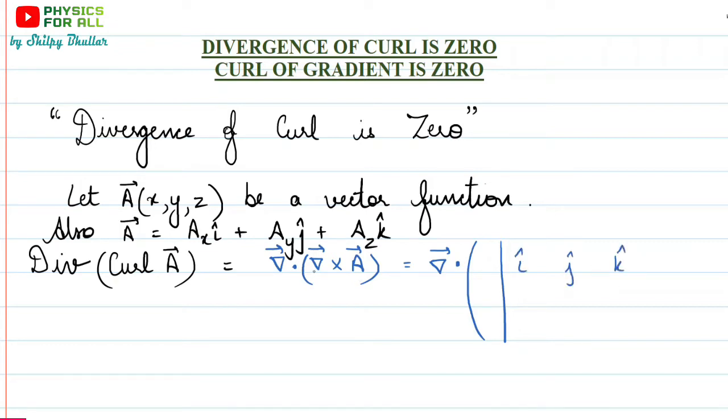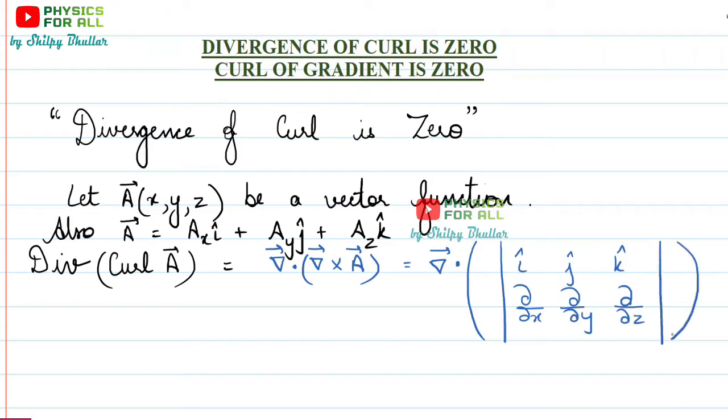And since cross product depends on order, that's why del is coming first. So we are going to mention the components of del first. That is curly by curly x, curly by curly y, and curly by curly z. And further, A comes, so all the components of A.